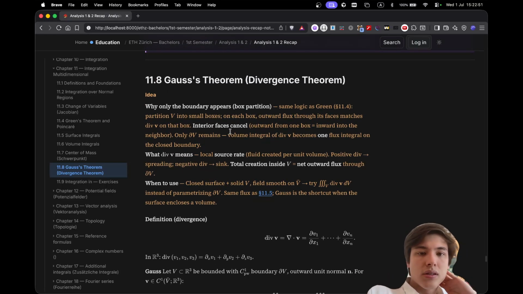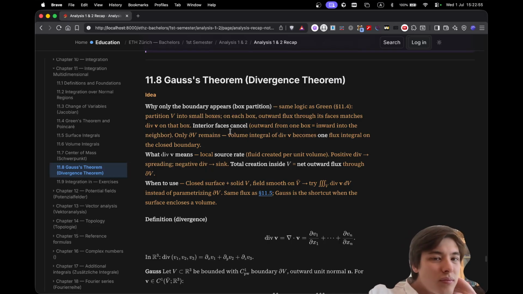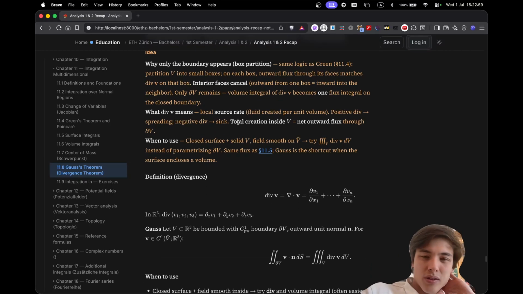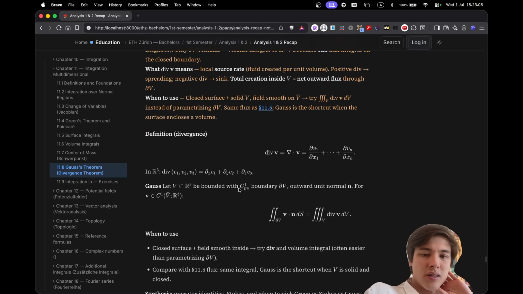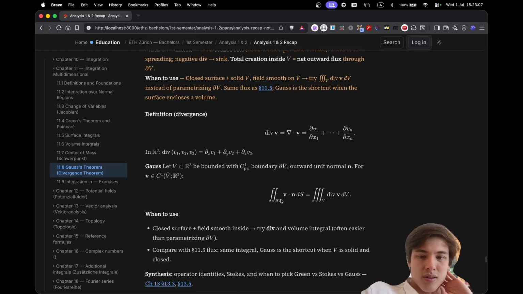Almost Gauss. Oh, this is what I meant. Total creation inside is the net outflow through the surface integral. I guess that's Gauss. So yeah, if we have a volume and it's a divergence, we can just calculate the flux through the surface.